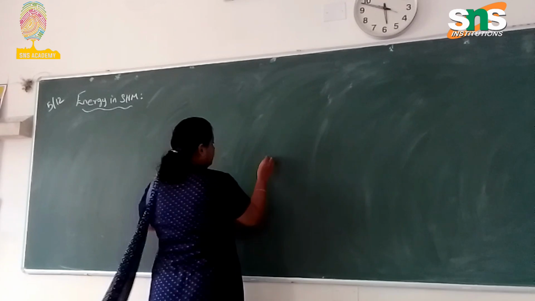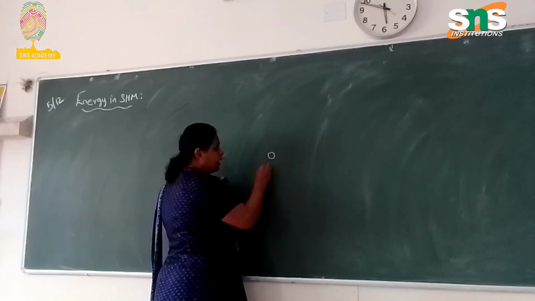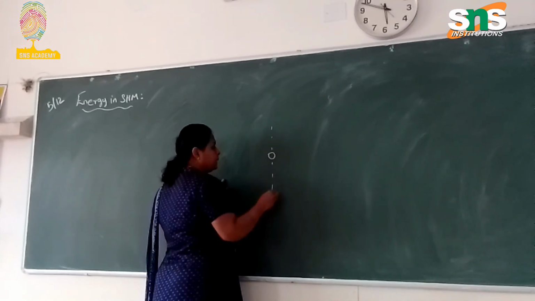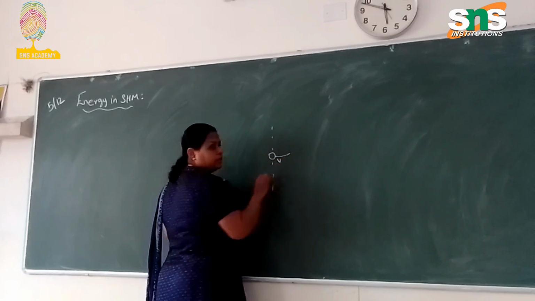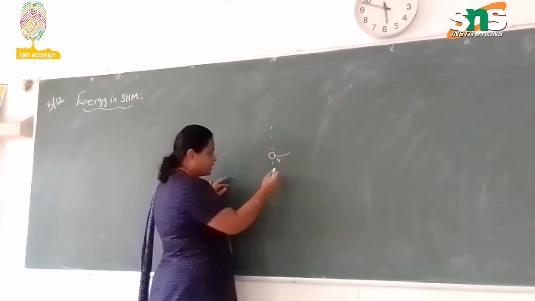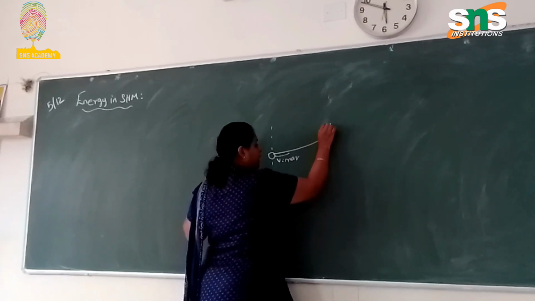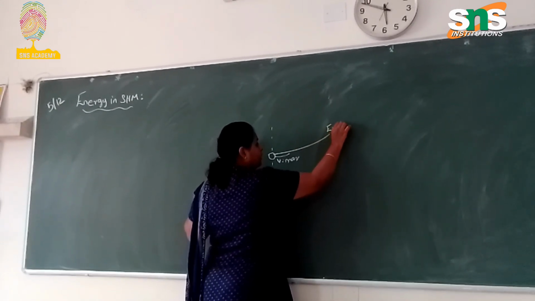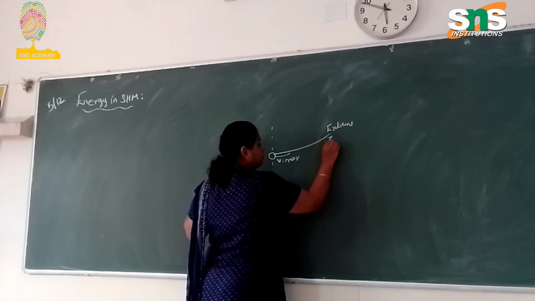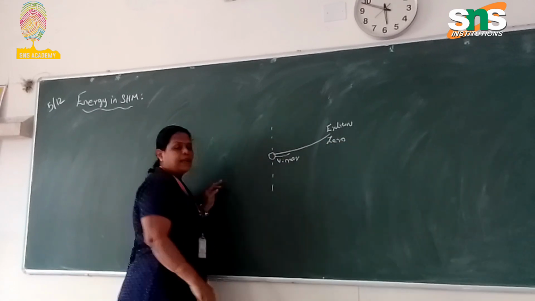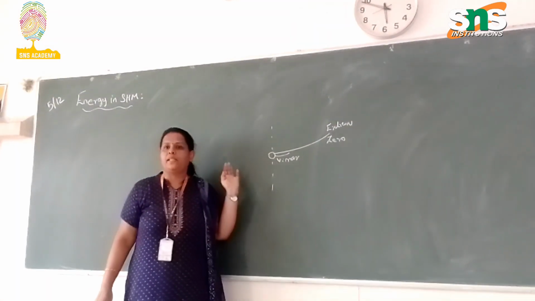At its mean position, its velocity will be maximum. And when it is at extreme position, its velocity will be 0. Okay? Keep these 2 points in your mind.